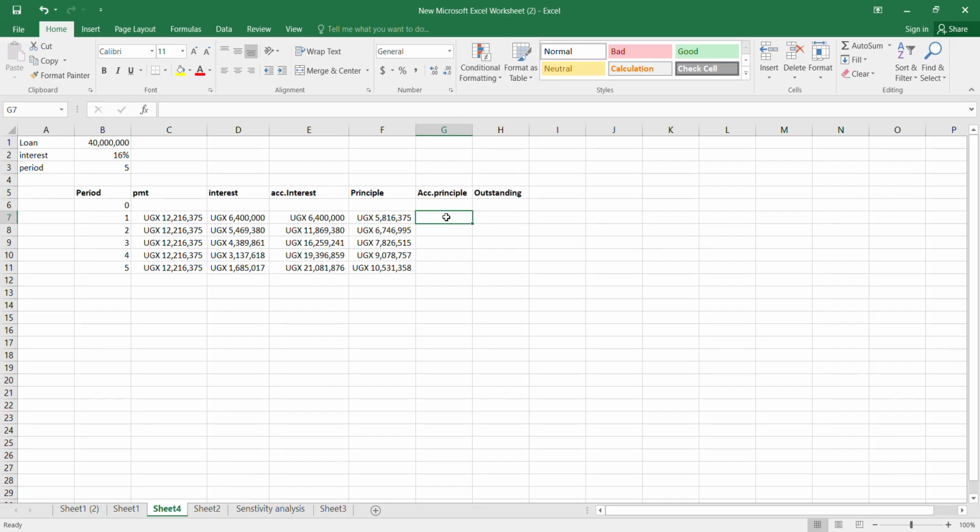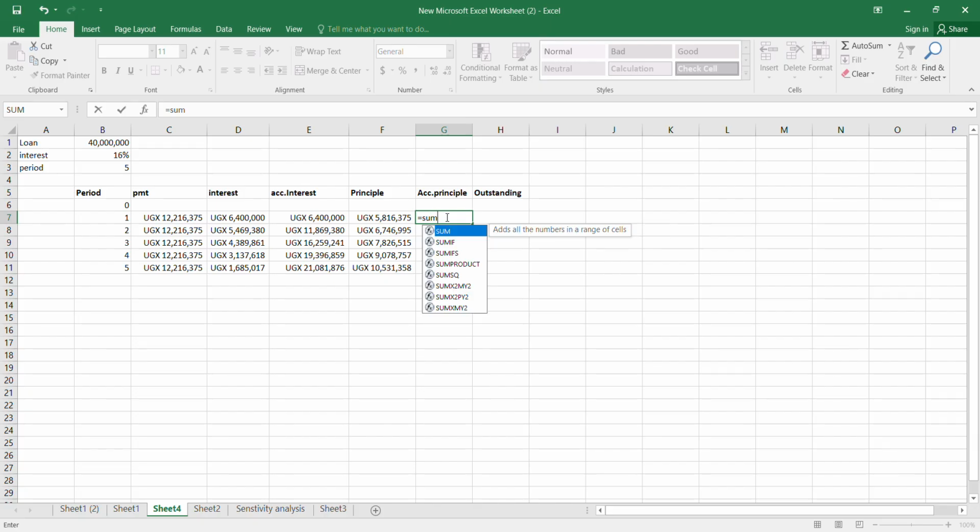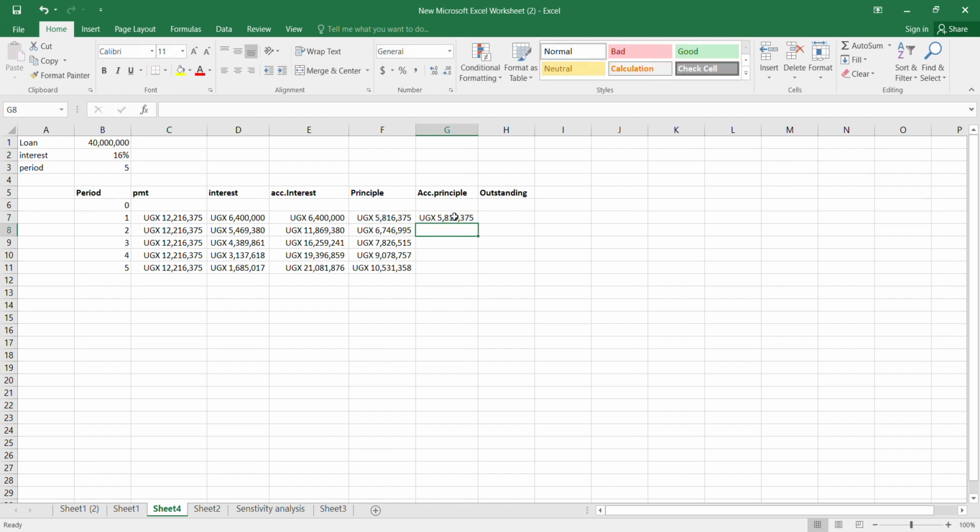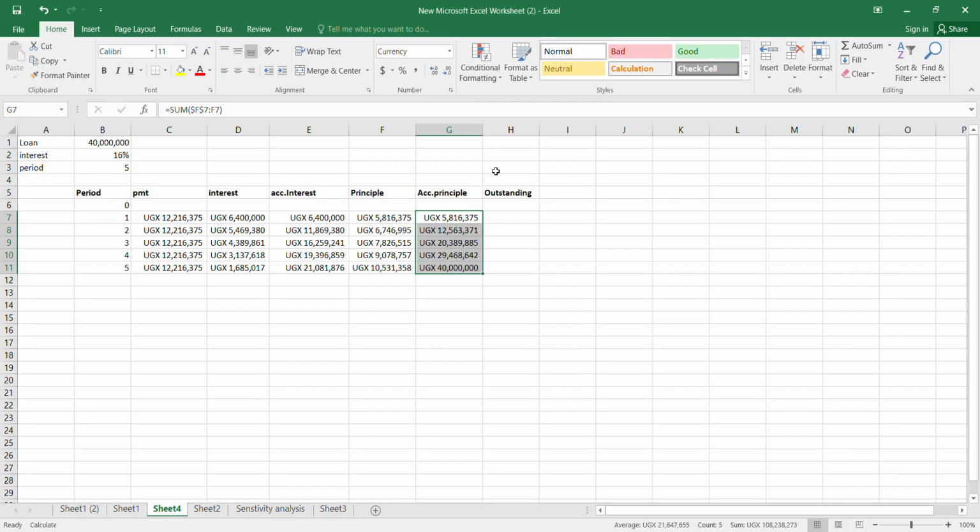We shall have the accumulated principal, which equals SUM. Then you press this and you press a colon, F7 to F7, and then you just fix one of them, press enter, then you autofill. Then we shall have the outstanding. Remember, the outstanding in year 0 is always the loan value.